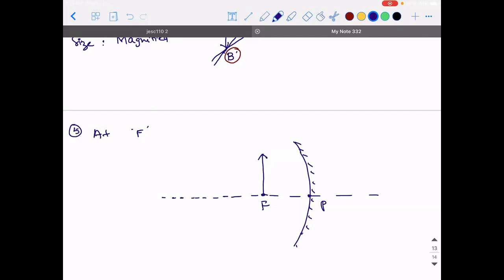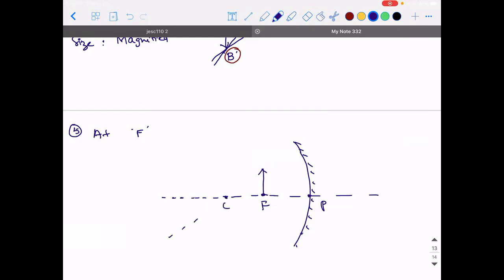Can someone tell me how to draw the ray diagrams? One thing that we can do is, wait. Look at the ray diagram for this. This is slightly a tricky one.